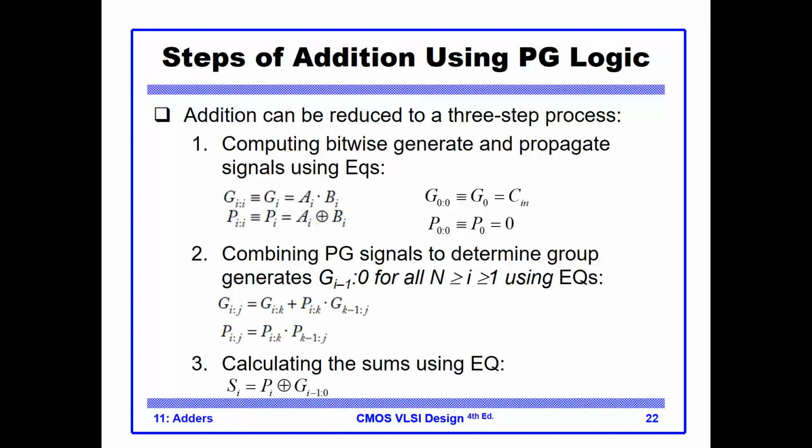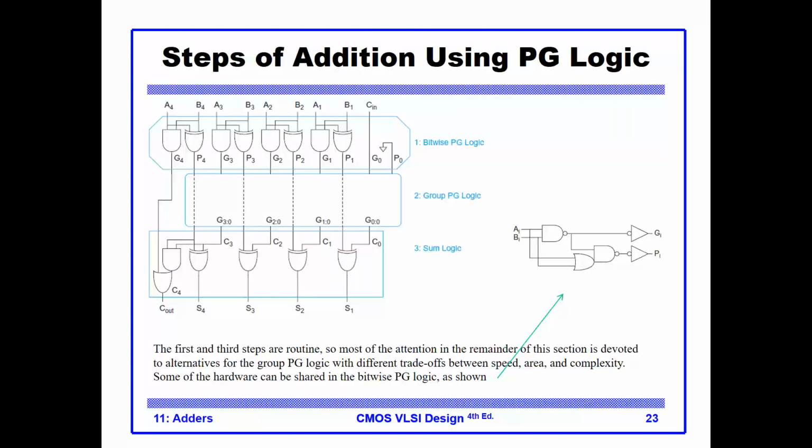Now we are going to introduce the PG logic. We will study adders using PG logic, and this PG logic is very famous for constructing fast adders. We will see that adders using PG logic consist of three stages.